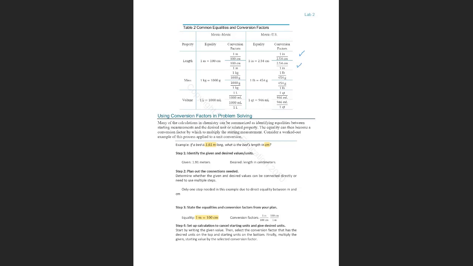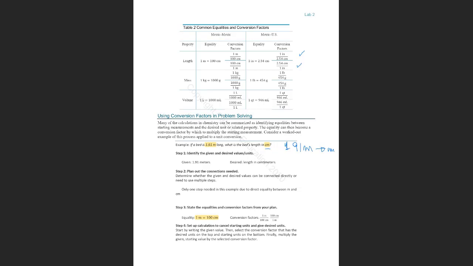They say, if a bed is 1.91 meters, what is its length in centimeters? So the first thing I know is that I have to convert these meters into centimeters.